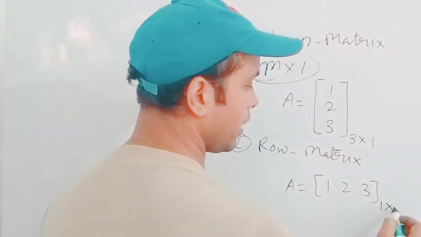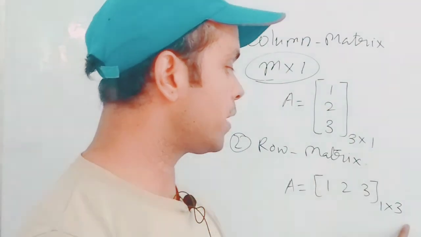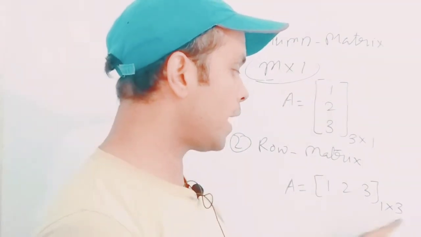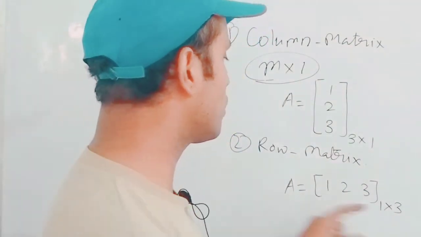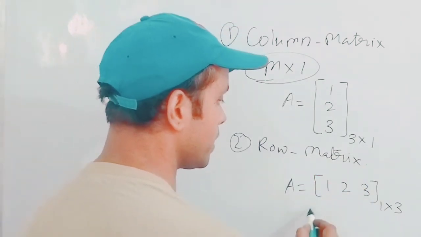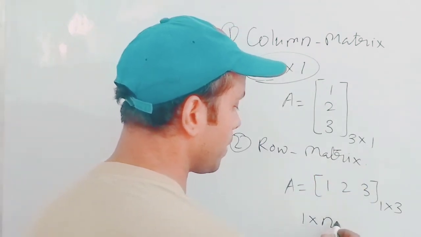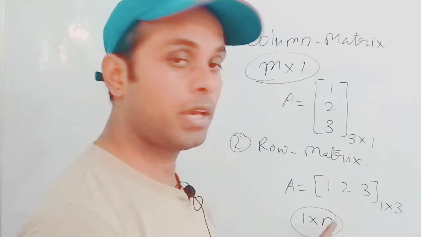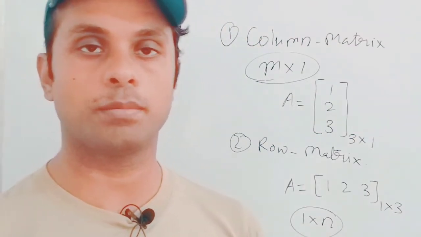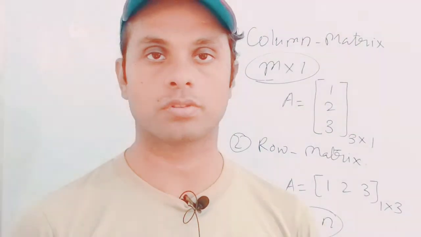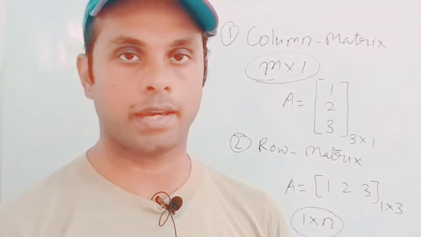So look here, the order is 1 by 3 because there is one row and there are 3 columns. So the order of a row matrix is defined by 1 by n, meaning n can be different since the number of columns may be different, so the order is 1 by n.